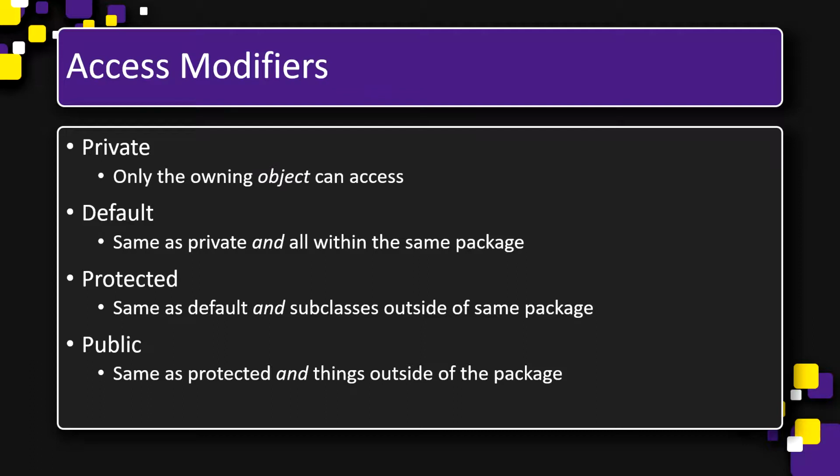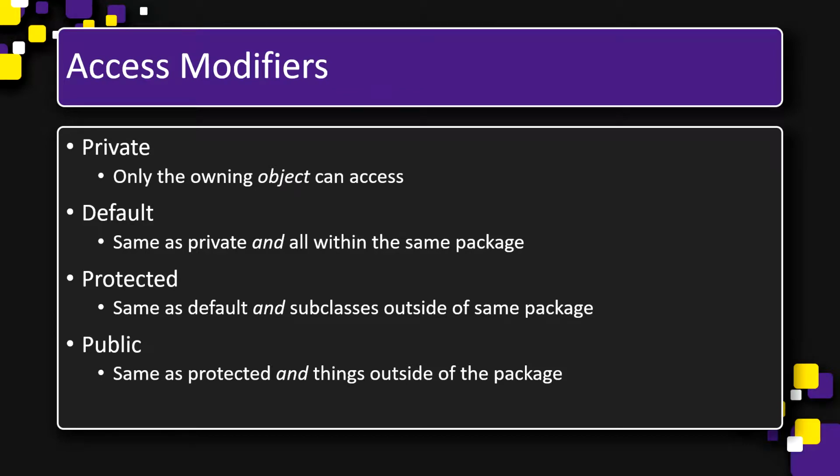Now, a package is just a bundle of classes that we put together and we ship as a single unit, right? So everything that is within the same package and everything that the object can already access and subclasses from outside of its package can access that particular data member.